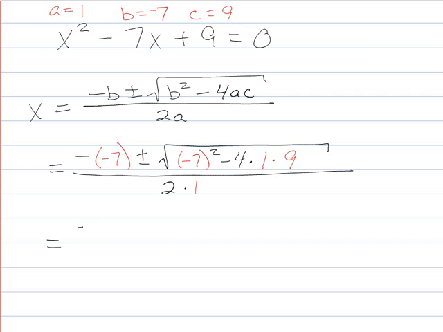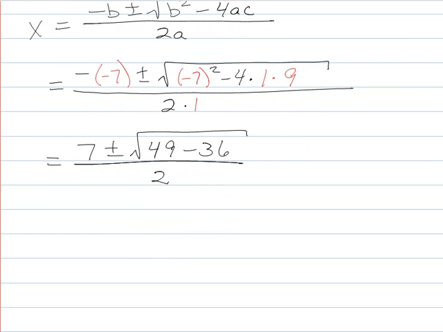So I've got positive 7 plus or minus the square root of 49 minus 36, over 2. Okay, 49 minus 36, is that 13? Yeah, okay. So this is where it gets ugly. 7 plus or minus the square root of 13 over 2.